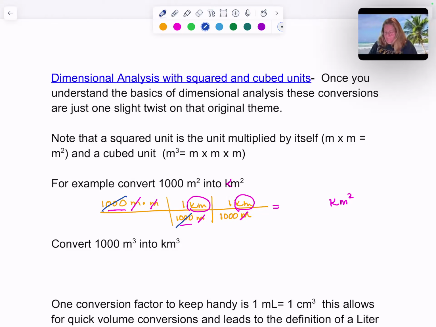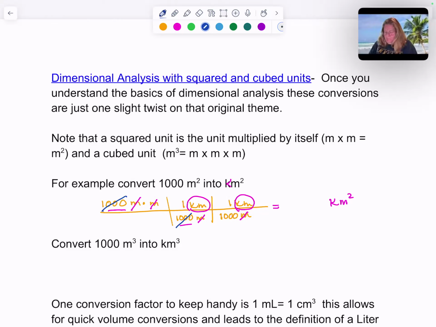Let's try converting 1,000 meters cubed into kilometers cubed. We start with our given 1,000 meters cubed. Well, that's a meter times a meter times a meter. So I'm sure now you've realized, okay, you've got to do that conversion 3 times. There's 1,000 meters to 1 kilometer, 1,000 meters to 1 kilometer, and 1,000 meters to 1 kilometer.